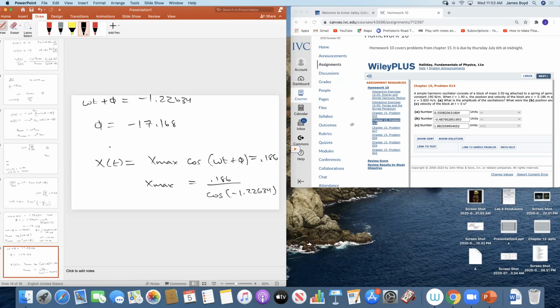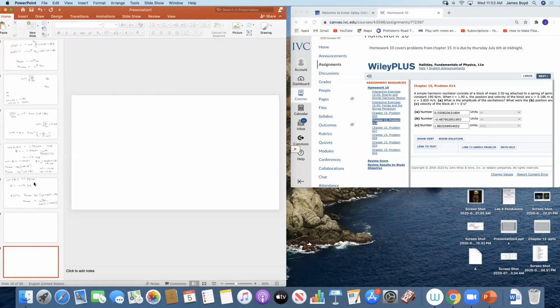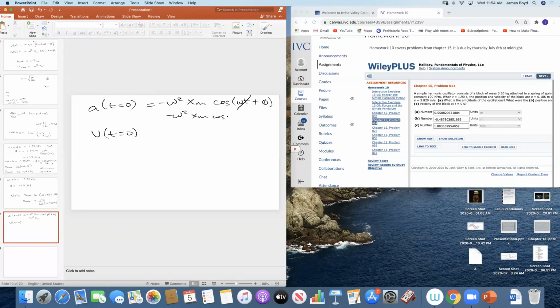Once you know phi, finding the other two answers is really simple because you have the equations, A and B. When t is equal to 0, the acceleration is omega squared x max cosine of omega t plus phi, which becomes omega squared x max cosine of phi, where phi is negative 17.168.